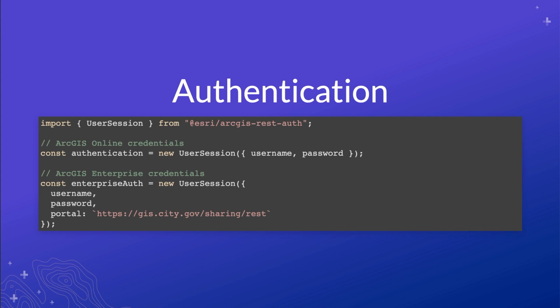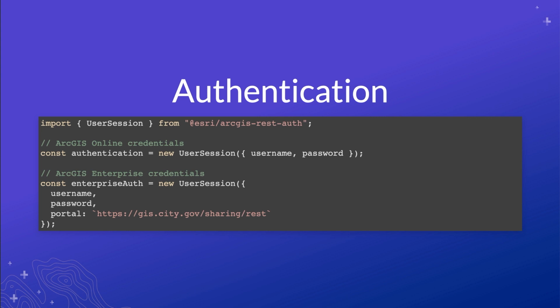Another important concern when working with the REST API is authentication. The most common method for doing this through REST.js is through a user session from the auth package. So using either ArcGIS Online or an Enterprise portal, you can construct a user session with the standard username and password credentials.